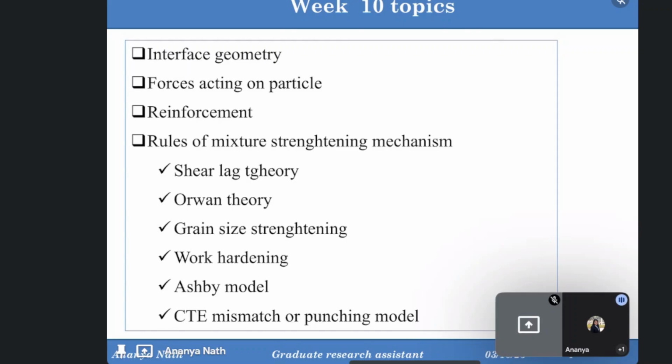But in case of metal matrix composites, there will not be any bond. There will be a chunk of a certain reinforcement material. It will just sit onto the parent lattice. There will not be any bond of lattices.